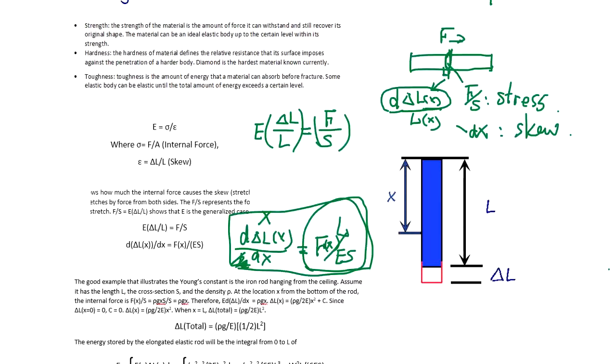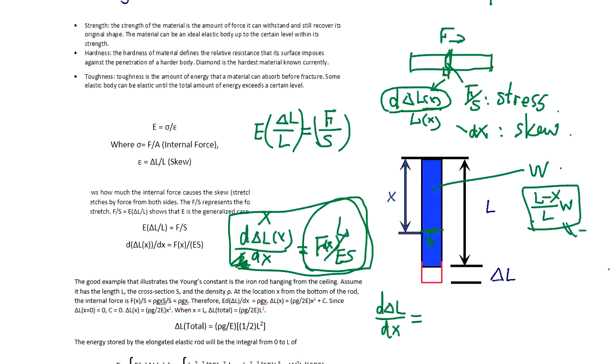If we apply this for this case, say we have a total weight W, and at this point F is (L minus X) over L times W, right? So it's going to be d delta L over dx is going to be, that's the F, so you look at this equation, (L minus X) W over L Es.